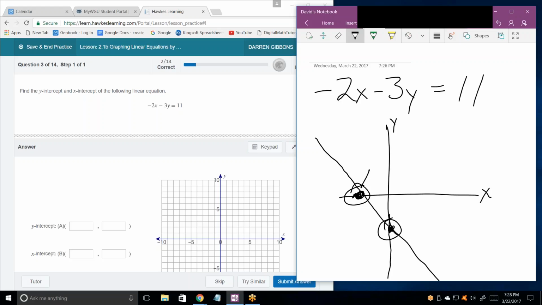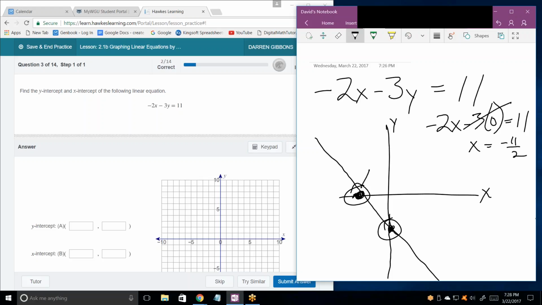So to figure out the x-coordinate, I'm going to substitute 0 for y. And now I have minus 2x minus 3 times 0 equals 11. Well, 3 times 0 is 0. So now I have minus 2x equals 11, x equals minus 11 halves.